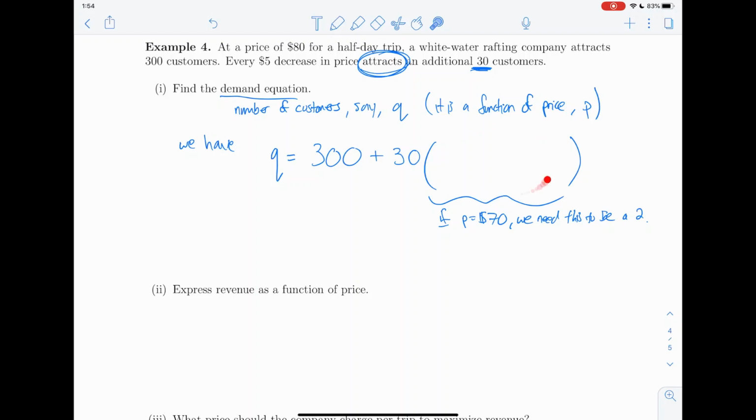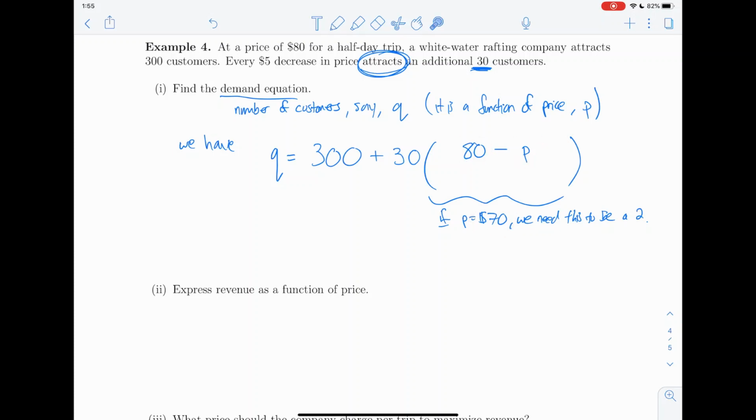So what is it that has to be in here such that if I charge $70, this overall parentheses is a 2? Well, it turns out the right way to proceed is that we're going to take 80, the original amount. We're going to subtract off the new price, which is going to be P. And if P is 70, we'll get 80 minus 70.